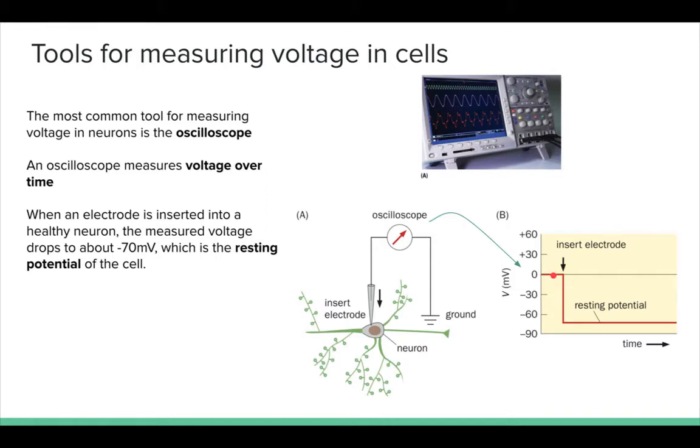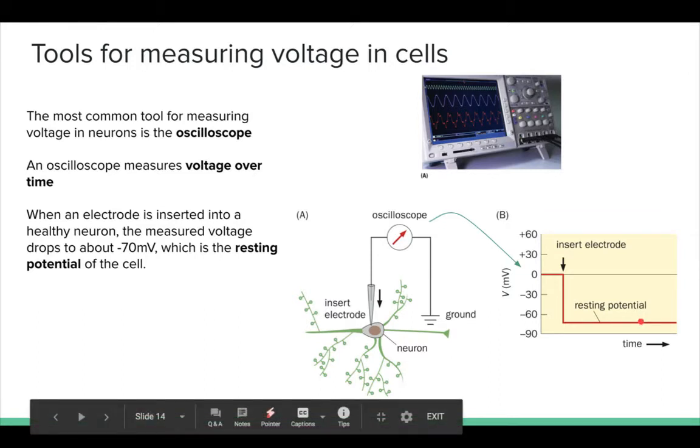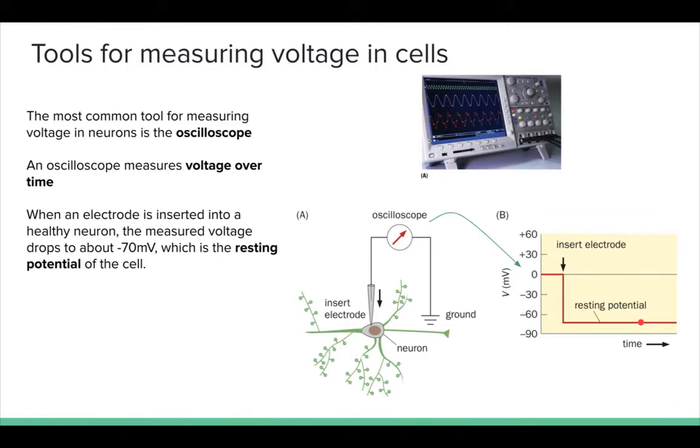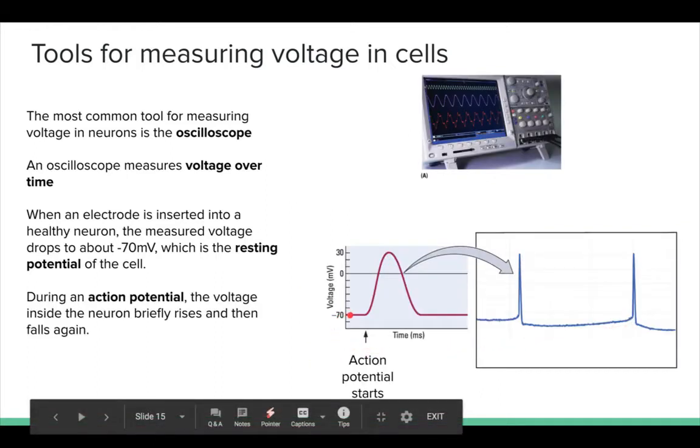Then, if we were to take that electrode and just advance it quickly so that the tip drops inside the cell and gains access to that intracellular space, then we would see the voltage drop immediately down to a level of about -70. Now, if this is a neuron, let's say, that's still alive and still healthy, once the electrode is inside, if you wait patiently enough, or maybe if you stimulate the cell, you'll see this.